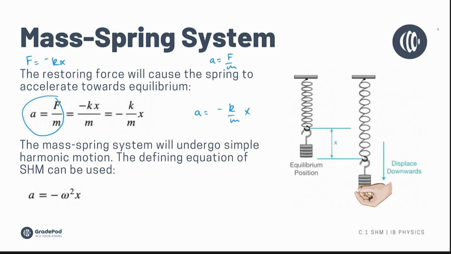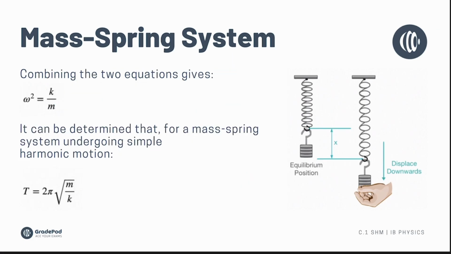That reminds me of something, because a is equal to minus omega squared x, which is a defining equation of simple harmonic motion. And if the spring is undergoing simple harmonic motion, which it is, then that tells us that omega squared is equal to k over m. Oh, there we go. Omega squared is equal to k over m.